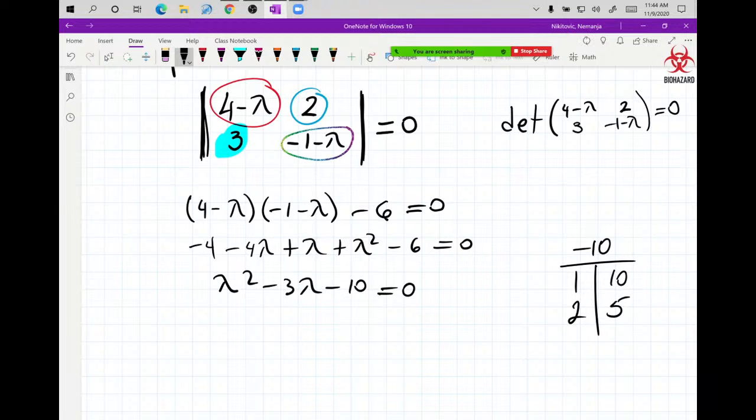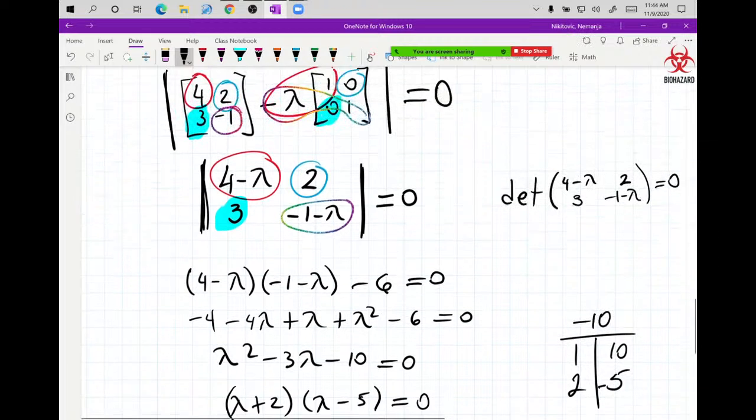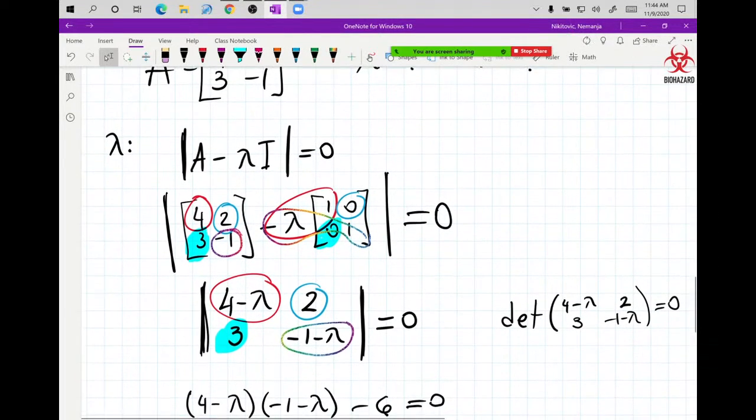So how do I make negative 3? It's negative 5 and positive 2. So I have (lambda plus 2) times (lambda minus 5) equal to 0, and lambda equals negative 2. That's my first eigenvalue, and the second eigenvalue, lambda 2, is positive 5. So all of this mess just to find eigenvalues.